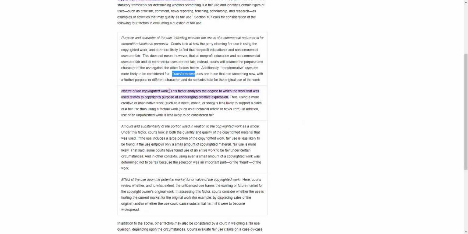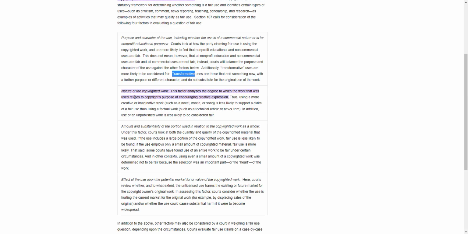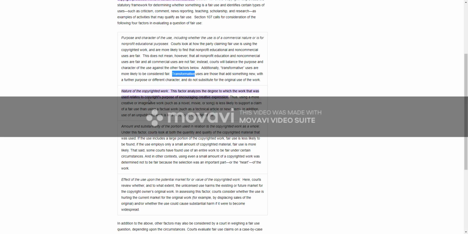Nature of the copyrighted work. This factor analyzes the degree to which the work that was used relates to copyright's purpose of encouraging creative expression.